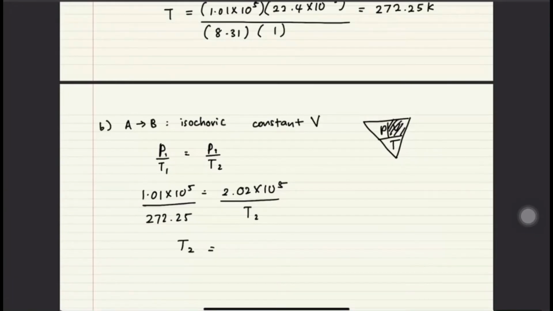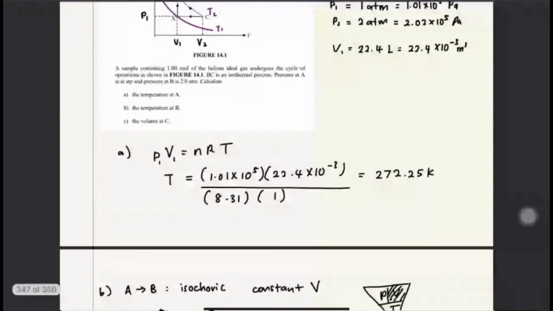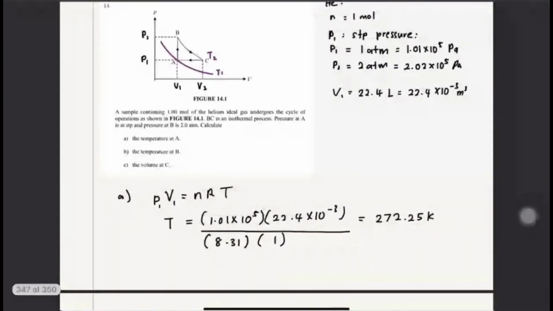That one is 2 multiply by 272.25, okay, 544.5. Sama sir. Okay, good. Ada soalan tak so far? So far no.